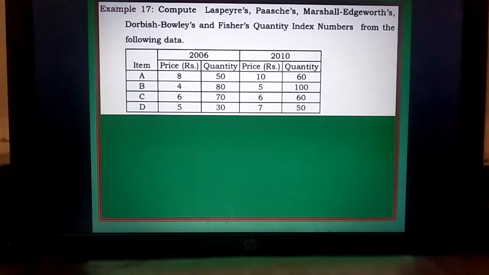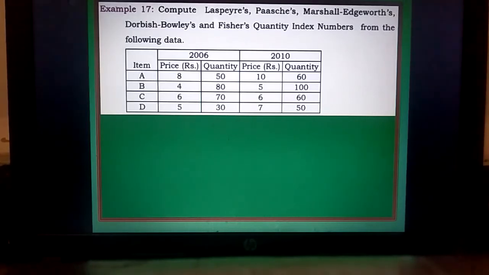So all these, Laspeyres' to Fisher's, we have already calculated price index numbers in our previous video classes. Now it is to be calculated quantity index numbers, and we have already learnt the formulas for quantity index numbers also.